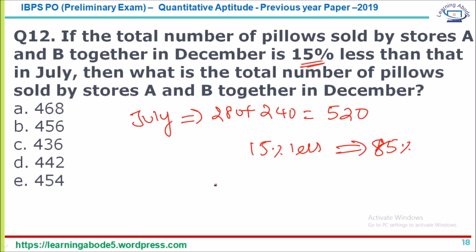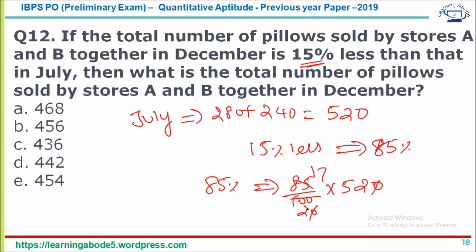So I can write 85 by 100 of 520. Okay. So if I simplify, this is 17, this is 20, the zeros cancel, 20 goes into 520 26 times, and you get 17 into 26, which is 442. That's answer option D.